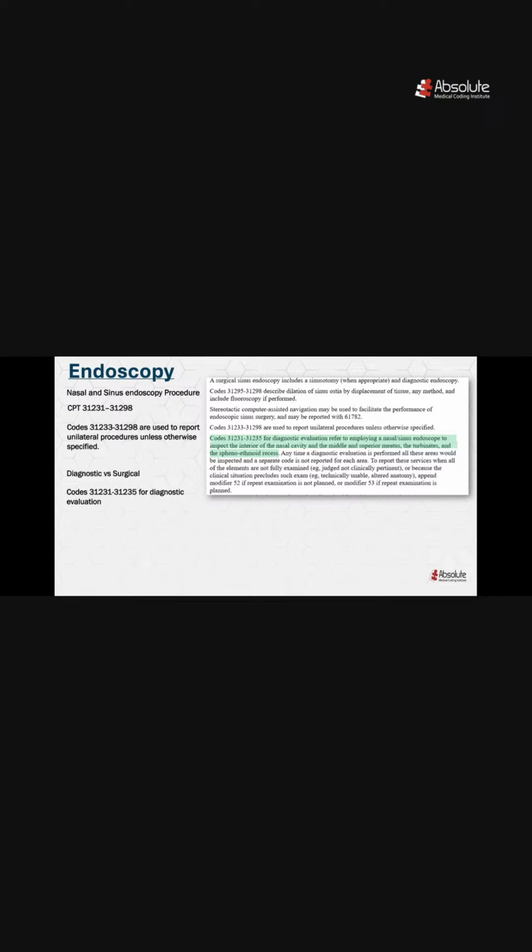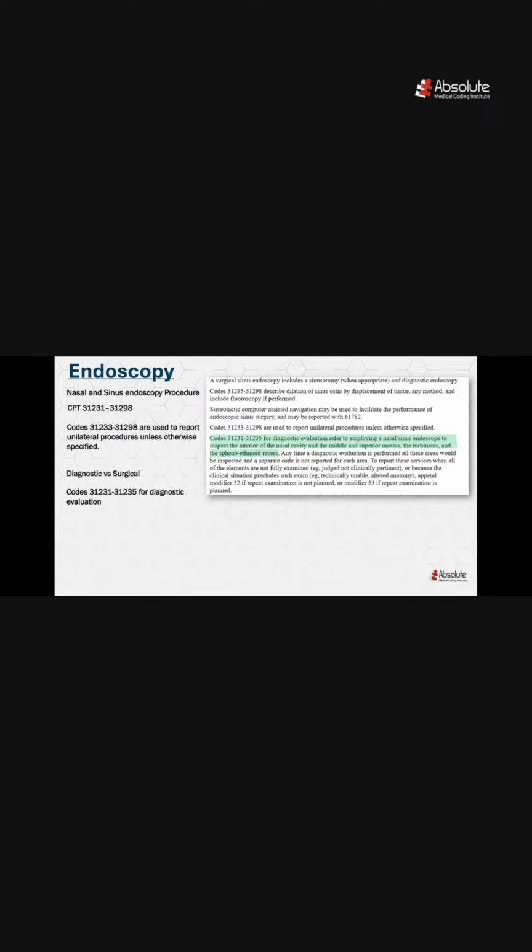When a diagnostic nasal or sinus endoscopy is performed, CPT expects the provider to use the endoscope to inspect all of the following areas: your nasal cavity, your middle and superior meatus, your turbinates, and the sphenoethmoid recess. And here is the key CPT rule: all of these areas are considered included, and you do not need to report a separate code for each structure examined.